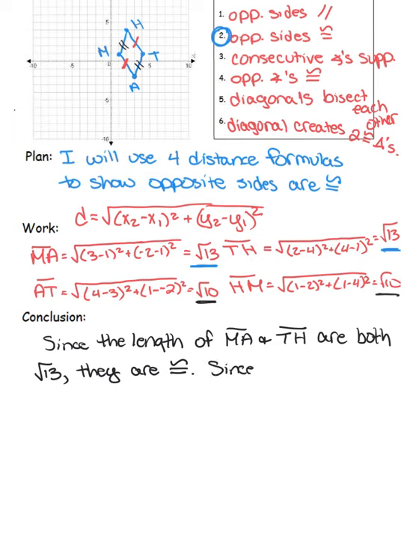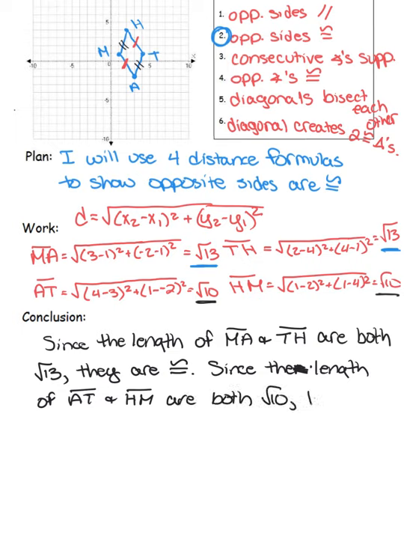Since the length of AT and HM are both radical 10, they are congruent.